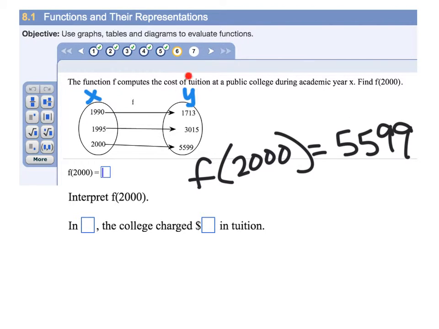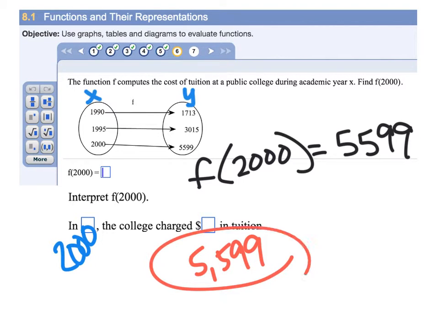Well, if they're talking about the cost of tuition at a public college during the year 2000, they're saying in the year 2000, the college charged $5,599. Now, when you type in your answer, I'm not sure if you need that comma. So I suggest typing it in without the comma first to make sure it works.